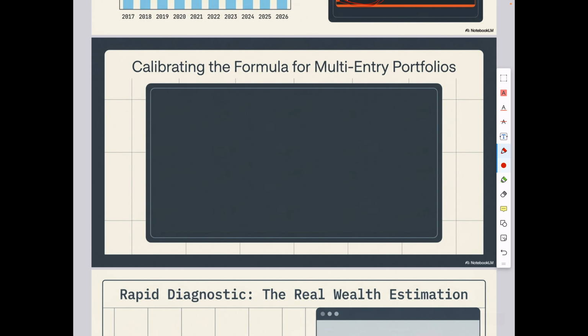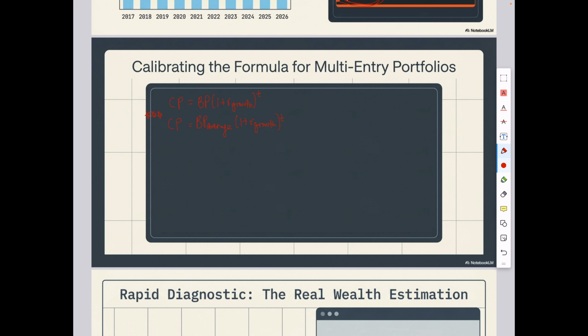Instead of using current price equals buy price times (1 plus R growth) to the power T, I modify it a bit to become current price equals average buy price times (1 plus R growth) to the power T, right?